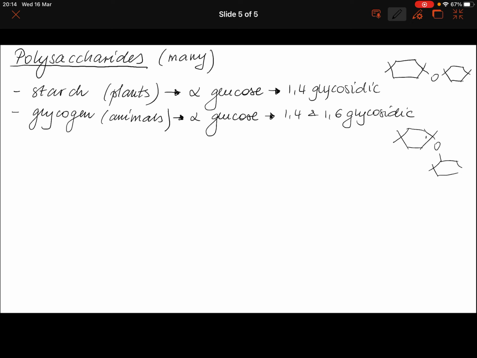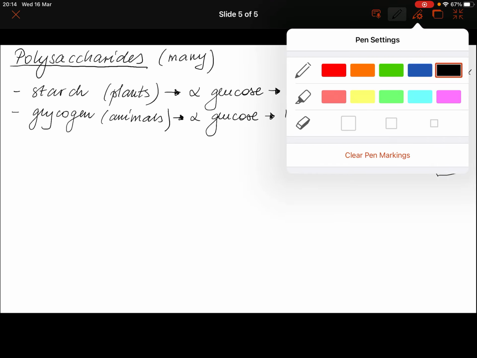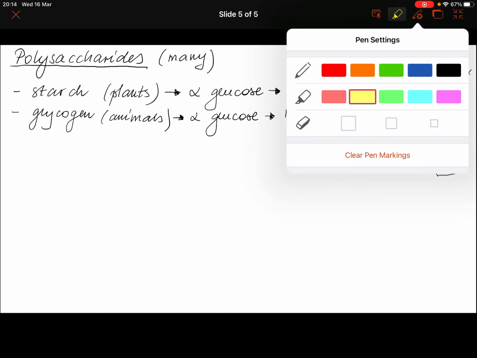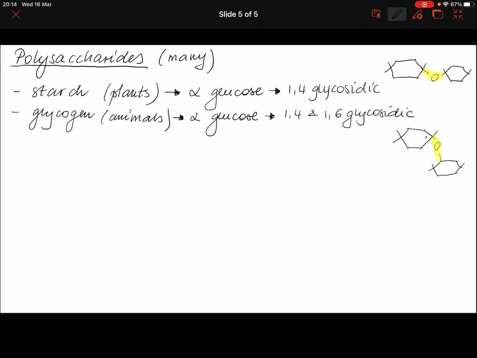Remember, 6 was the one over there. That's then the location of the glycosidic bond between carbon number 1 and 6, which makes it more branched, so more ends for the enzymes to hydrolyze glycogen into glucose, which can then be used for respiration. And this is the 1,4-glycosidic bond, which makes the structure less branched, and that's starch.